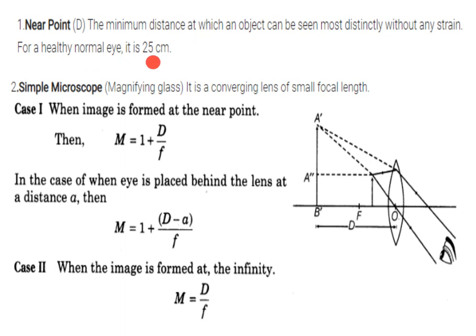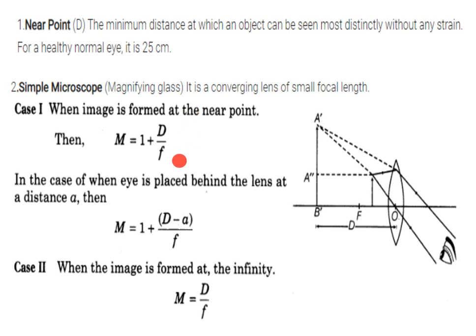It is nothing but 25 centimeters. The simple microscope, or magnifying glass, is a converging lens of small focal length. Case first, when the image is formed at the near point, then the magnifying power m is equal to 1 plus d by f.